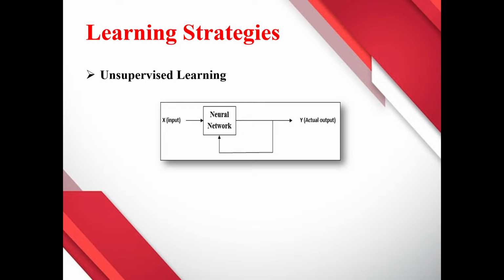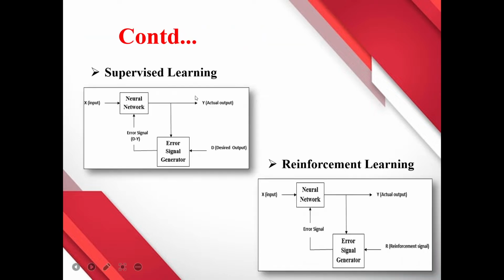Learning strategies are also similar to the ANN, in which there are three types of learning: unsupervised learning, supervised learning, and reinforcement learning. Generally in deep learning we only use supervised learning, and combined with reinforcement learning it is generally called transfer learning. Generally we have a deep learning model which is already trained, and we retrain it using fewer samples, so that we can easily train the model.